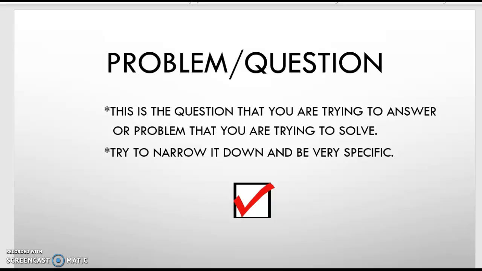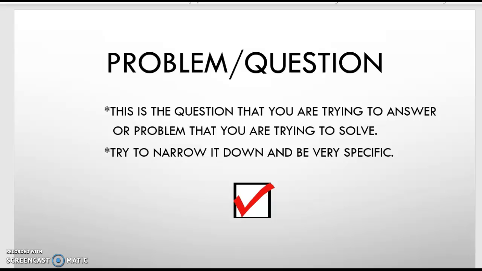You want to try to narrow it down and be as specific as you can. Okay. So a good research question is specific. And it poses a question for what you want to solve, okay? So you need to identify a problem.